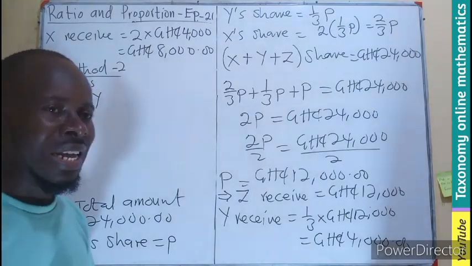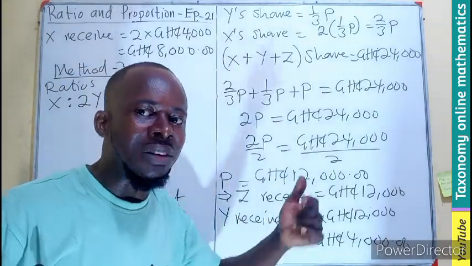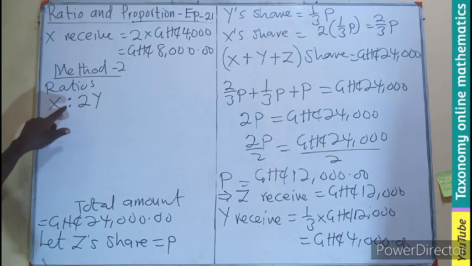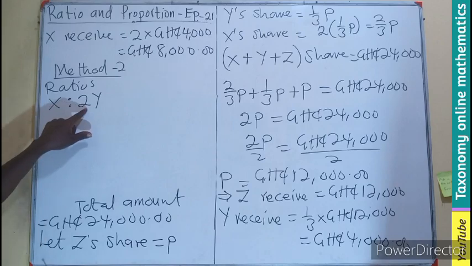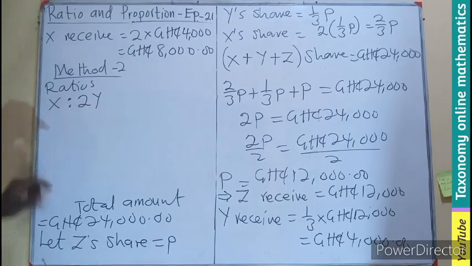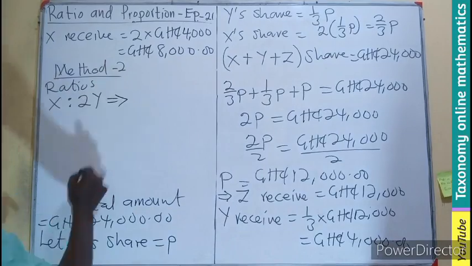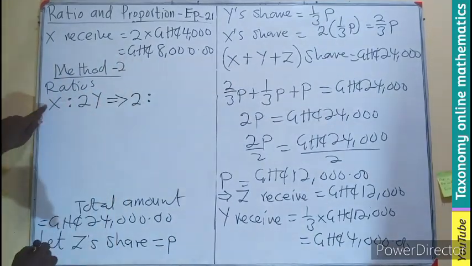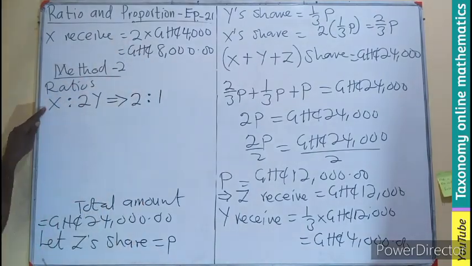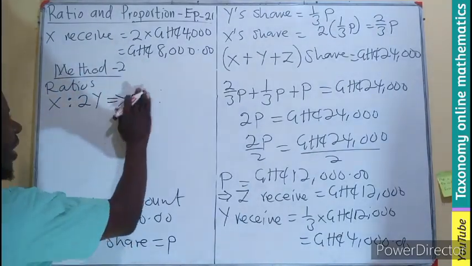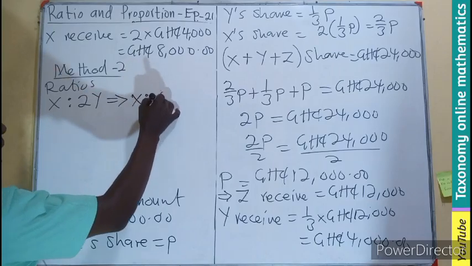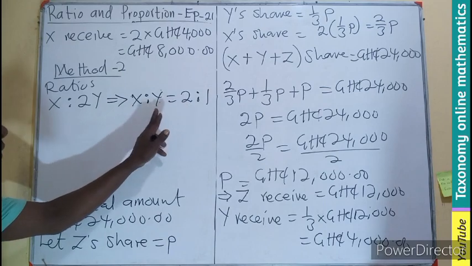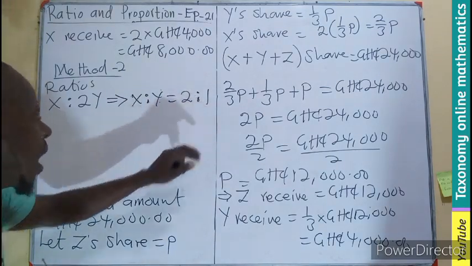That's what the question is saying, that X takes twice as much as Y. Don't forget, if we have these two as a ratio, X takes the coefficient of Y and Y takes the coefficient of X. So our ratio becomes X is 2, then Y is 1. X is to Y equals 2 is to 1.